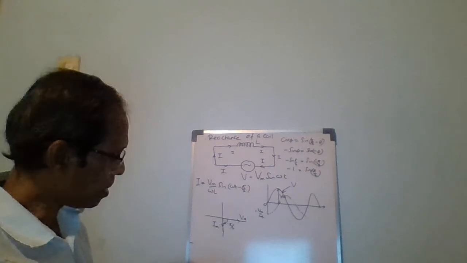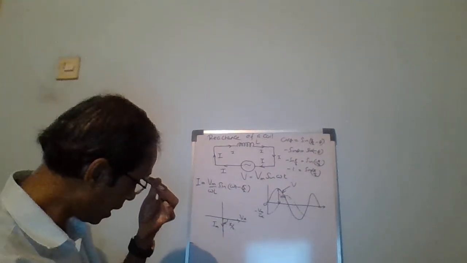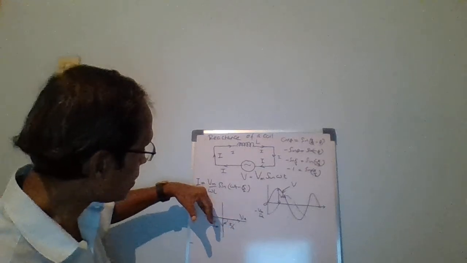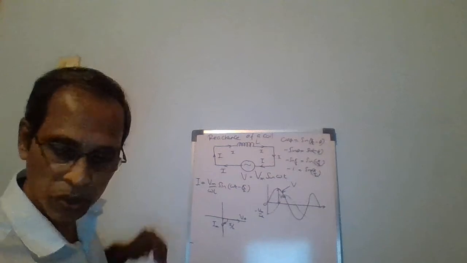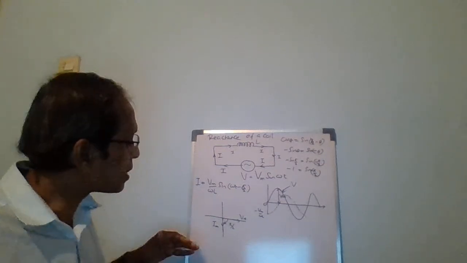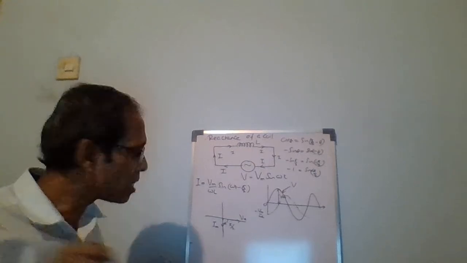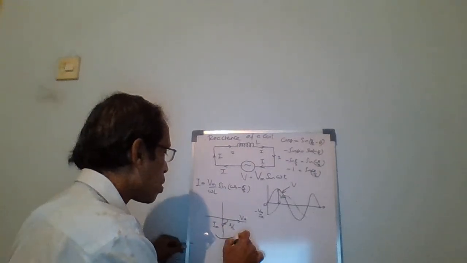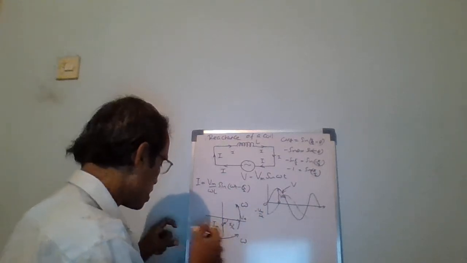It goes back by pi divided by 2. Actually, this Im is behind the Vm by pi divided by 2 radians, and they rotate like this with omega.